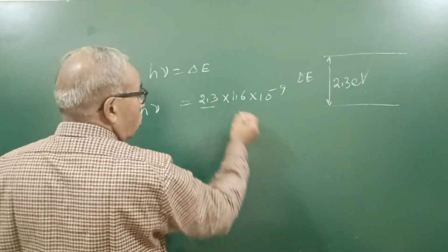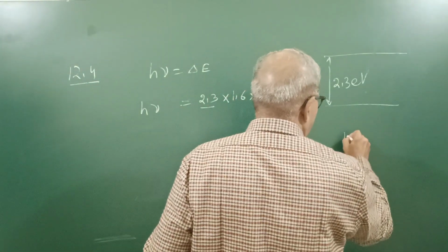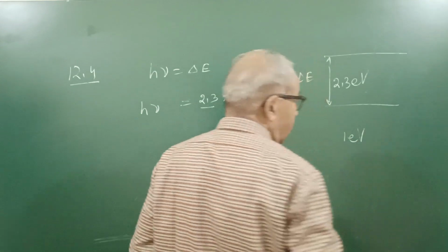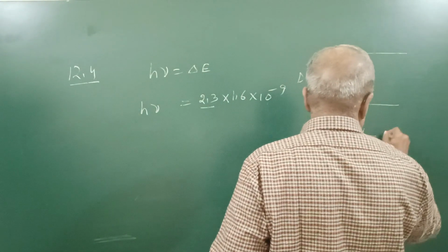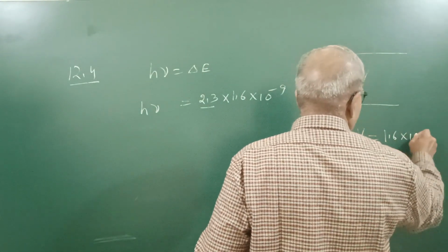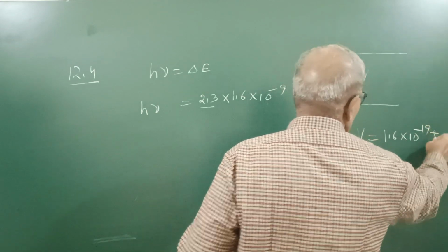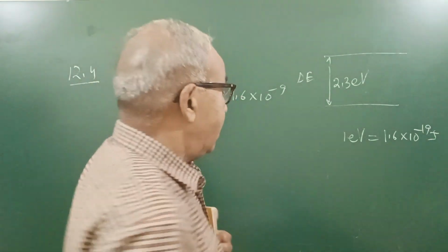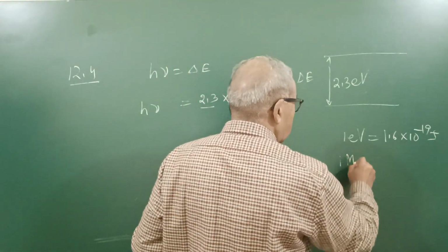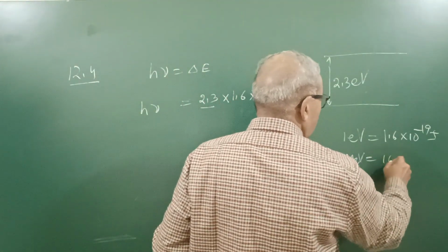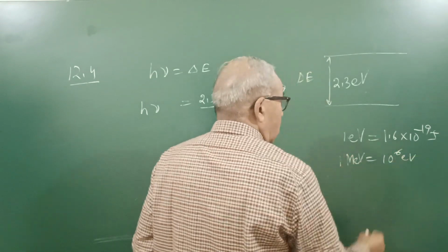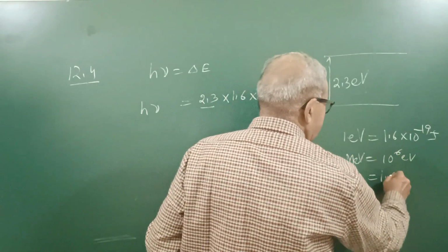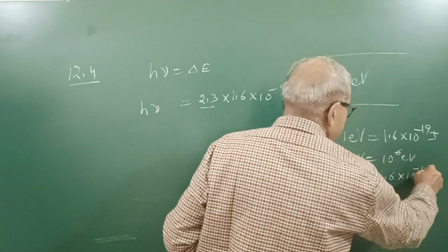Convert electron volt into joule. I think now you have got it. Your brain picked up that 1 electron volt is 1.6 times 10 to the power minus 19 joule. Remember this. There are also 1 million electron volt, 10 to the power 6 electron volt. That will come out to be 1.6 times 10 to the power minus 13.